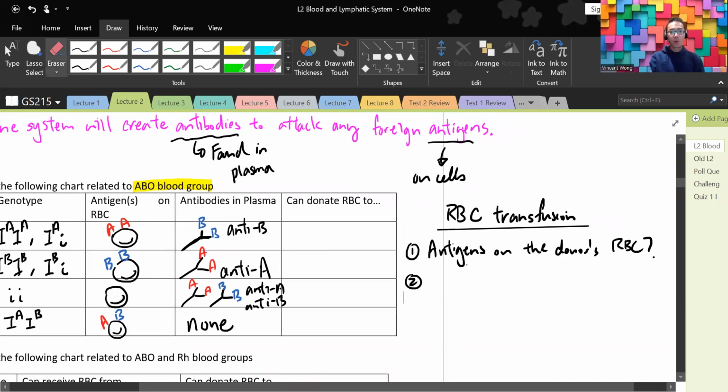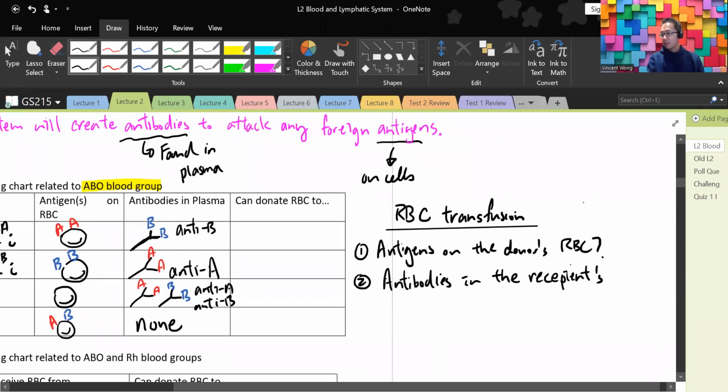Number two, you want to know what kind of antibodies, if any, are in the recipient's plasma.